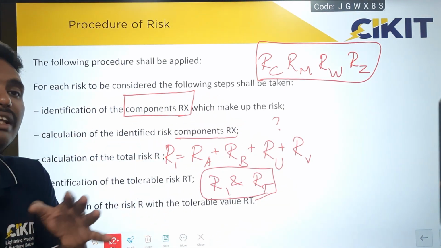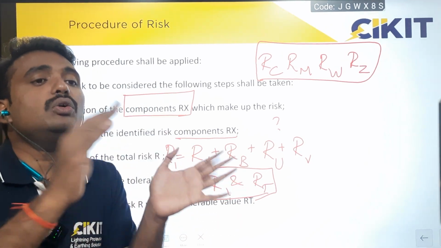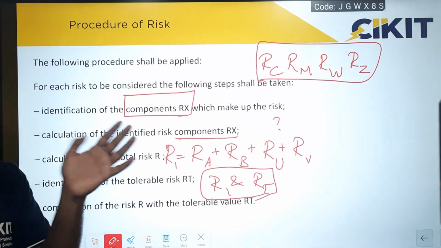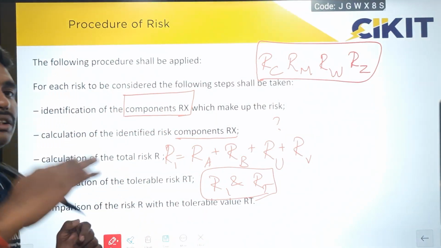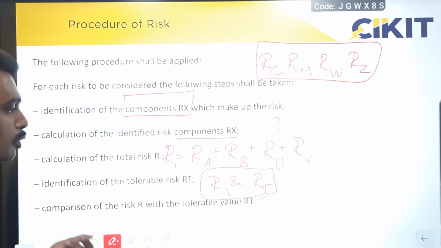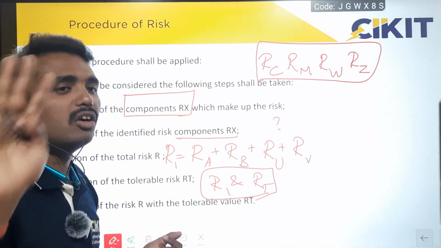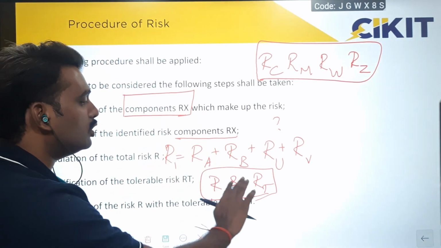It doesn't mean that lightning won't strike that building. Even if lightning strikes, the risk and the losses will be much lower on that building. So it is up to the customer to decide whether to go for this level of lightning protection, whether we need to go for level 4 or not. But R1 less than RT doesn't mean that lightning won't strike the building.